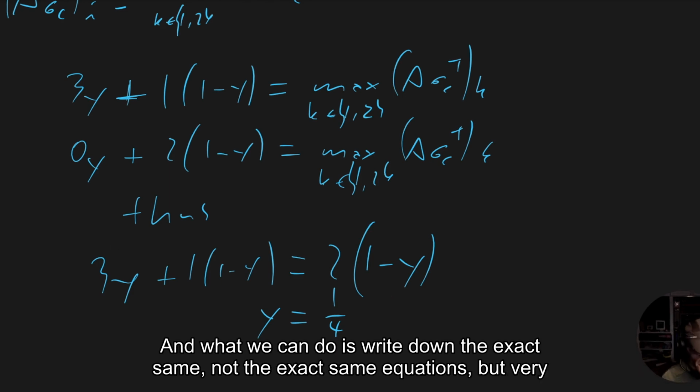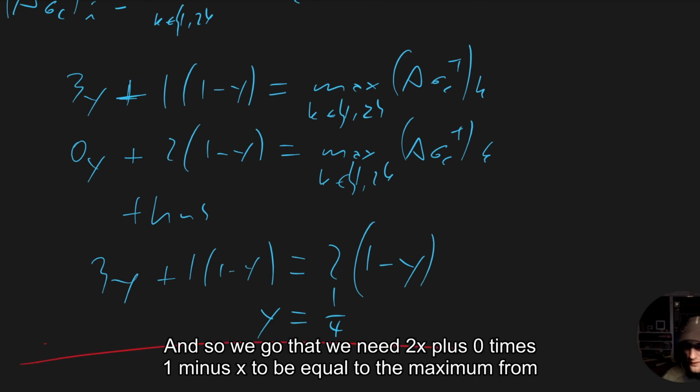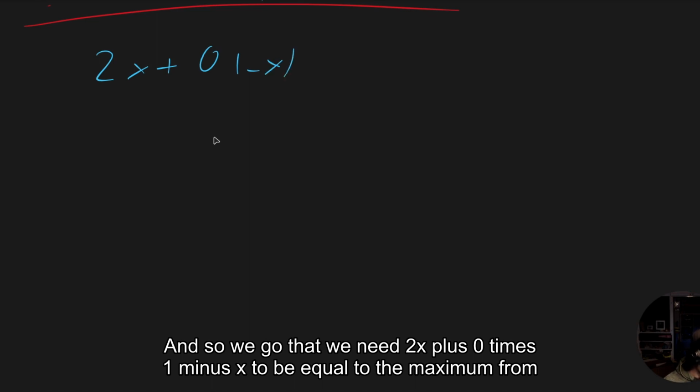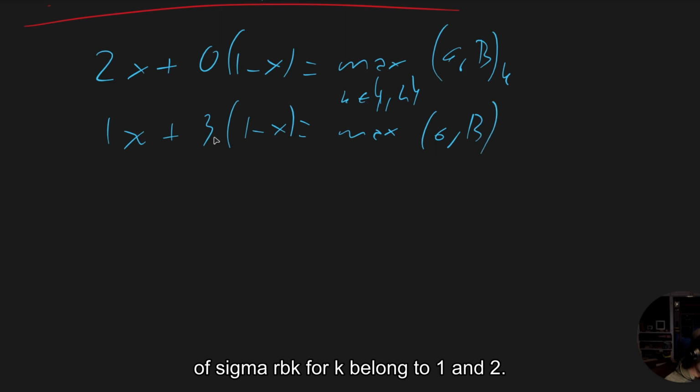And what we can do is write down very similar equations for the row player. So we need 2x plus 0 times 1 minus x to be equal to the maximum over k belonging to 1 and 2 of sigma_r B k, and 1x plus 3 times 1 minus x to be equal to the maximum of sigma_r B k for k belonging to 1 and 2.